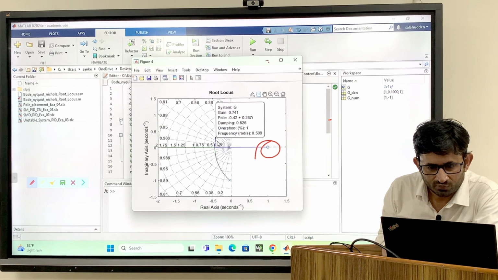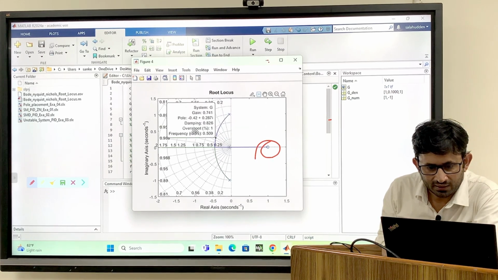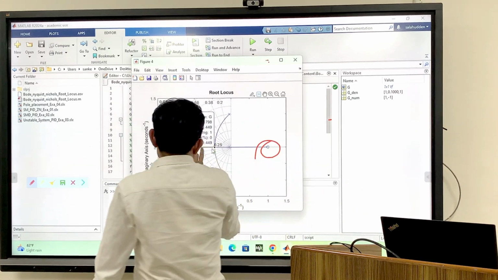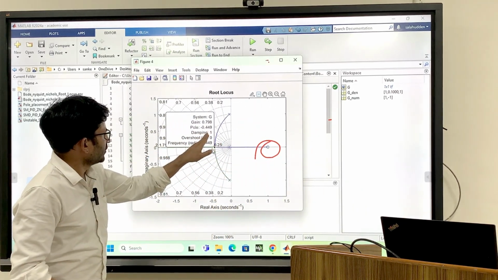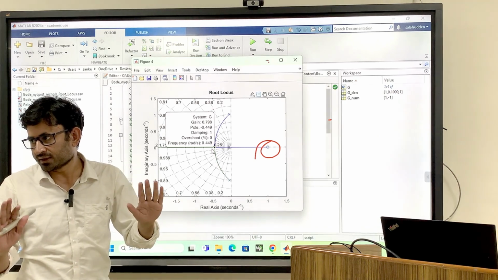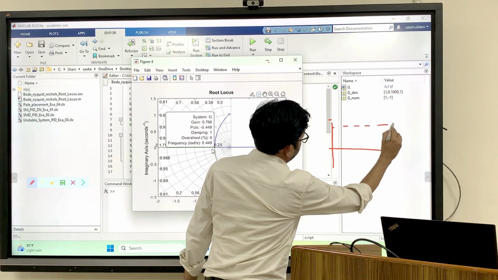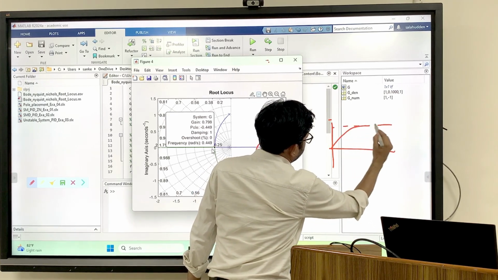See, if you want to be critically damped, you can place your pole here. So damping is 1, overshoot is 0, perfectly critically damped.